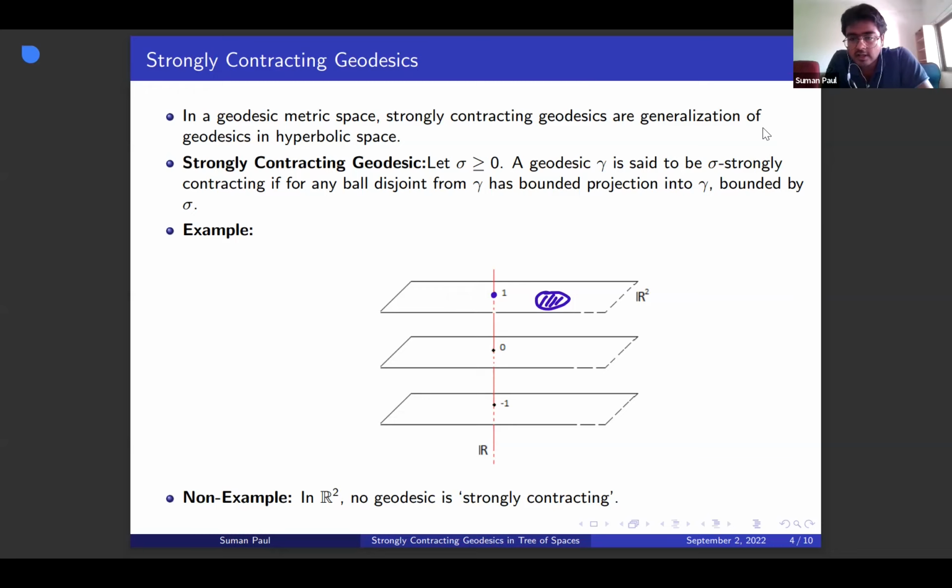In a hyperbolic metric space, boundaries are important, and boundaries of hyperbolic metric spaces consist of geodesics. There is a motivation behind this.